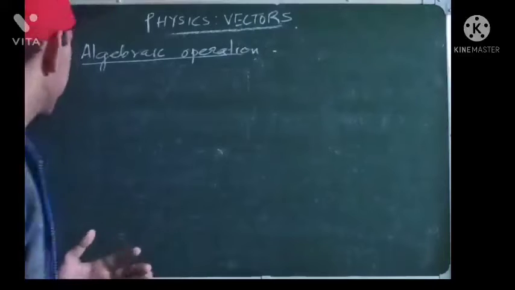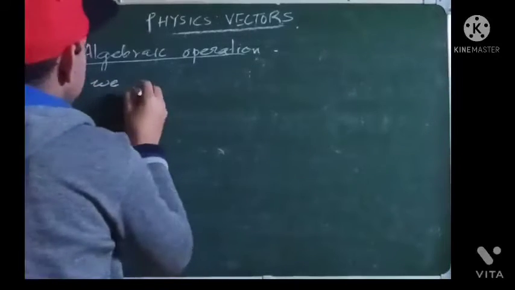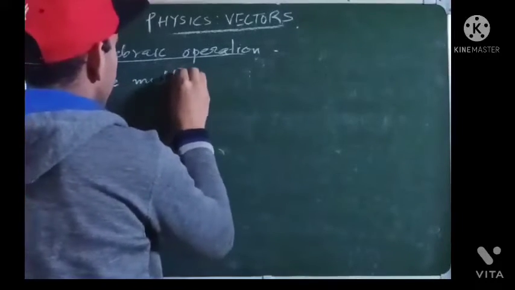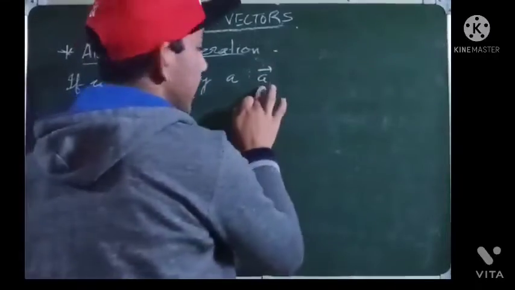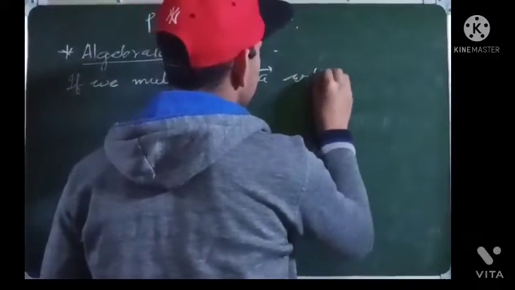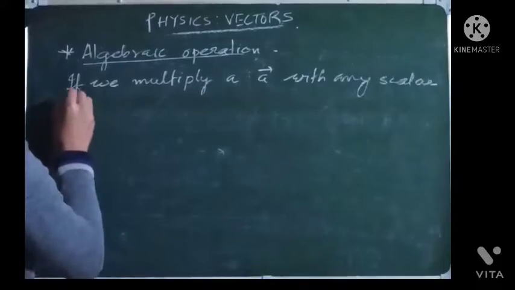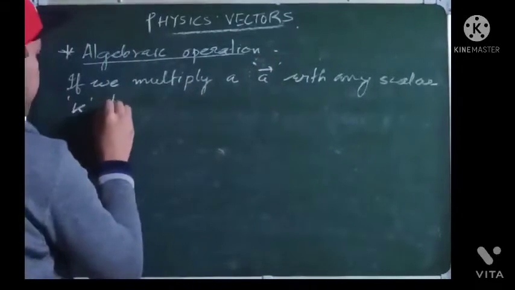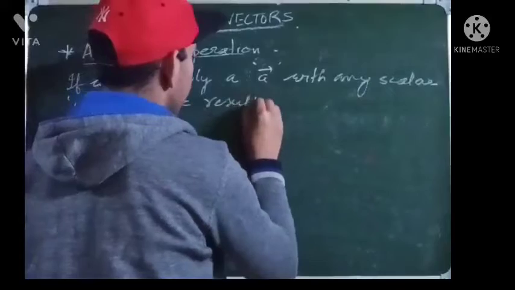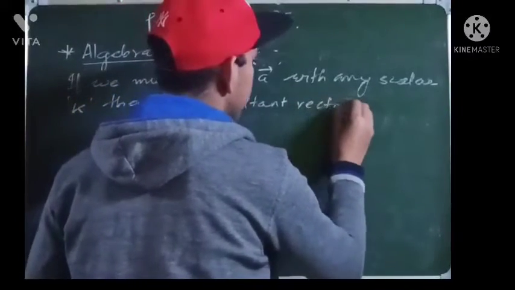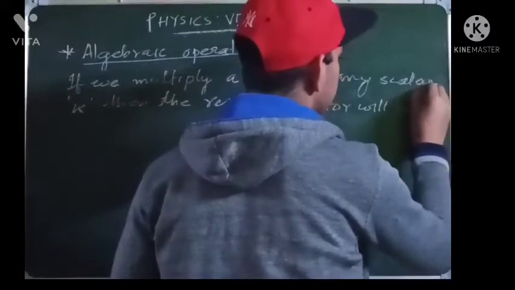Let's write the meaning of multiplying a scalar with a vector quantity. If we multiply a vector A, which is the vector quantity, with any scalar k, then the resultant vector will be k A vector.